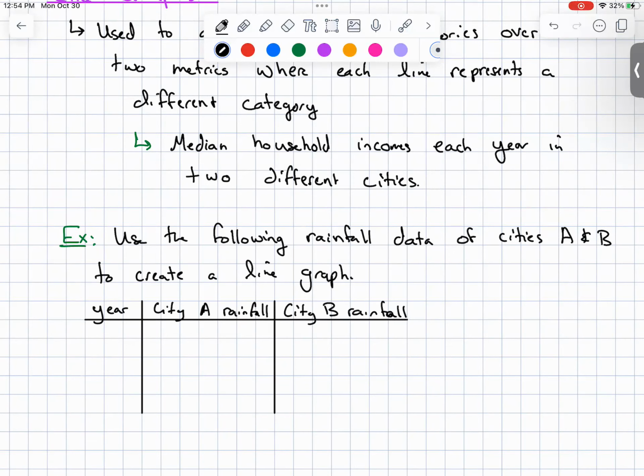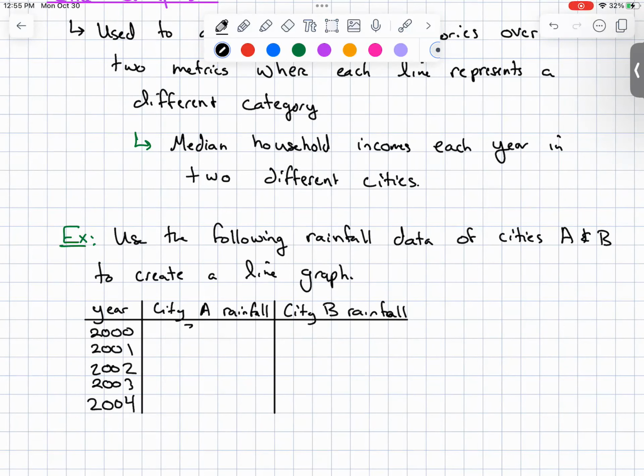So the years are 2000, 2001, 2002, 2003, and then 2004. Let's only do 4 or 5 measurements on the x-axis. For city A, and these are all in inches, so inches of rainfall per year.